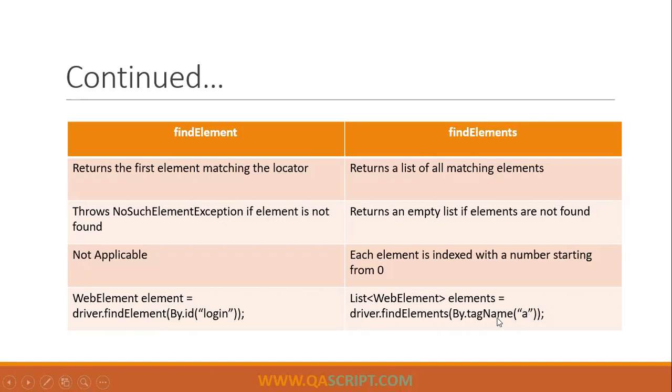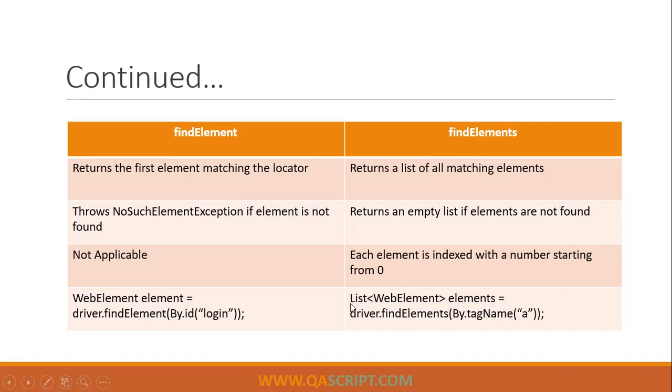Here we are using the tag name, and actually this particular line will give you all the links on a page which have a tag name A, which generally indicates a link or an image. So it will return you a list of all the links on your web page which have the tag name A. So it's quite useful.